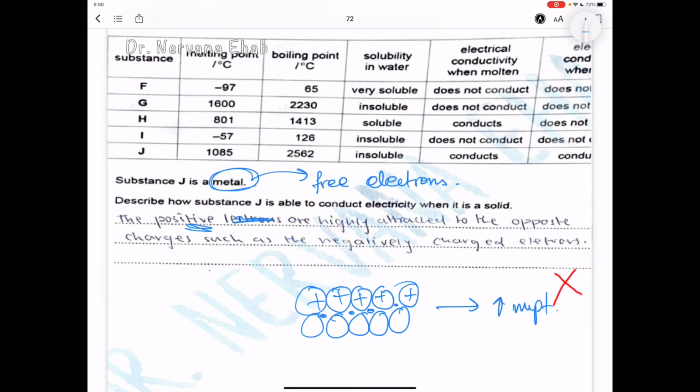This is an explanation why metals have high melting and boiling point, because of this attractive forces. And so this is one concept in regards to high melting and boiling point, but it doesn't explain conductivity. Conductivity is explained due to the free moving electrons and not because of the attractive forces.